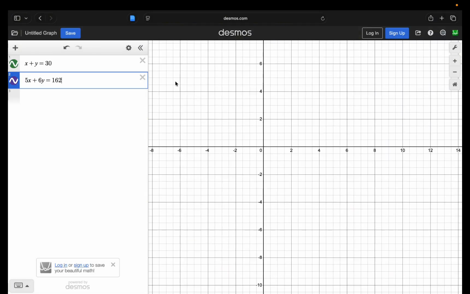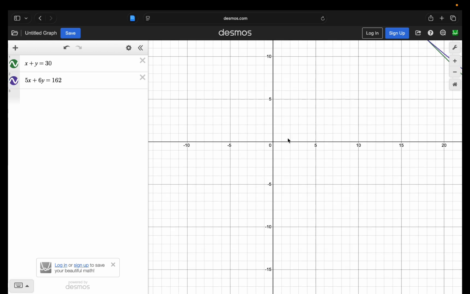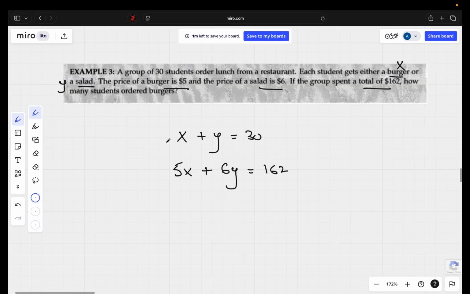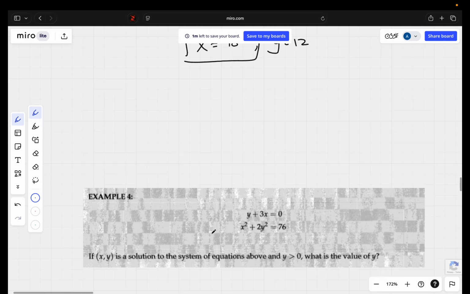So that gives me 18 and 12. That means x is going to be 18, y is 12, and we're looking for the number of burgers, which means we're looking for x. So in this case, x is 18, so 18 burgers in total were ordered.